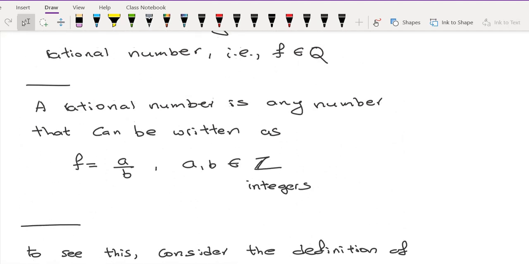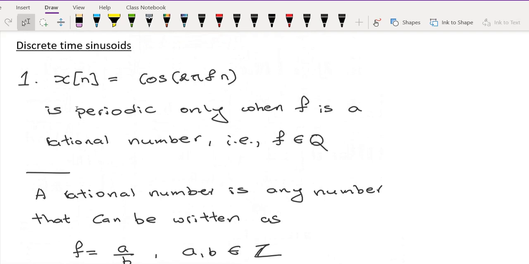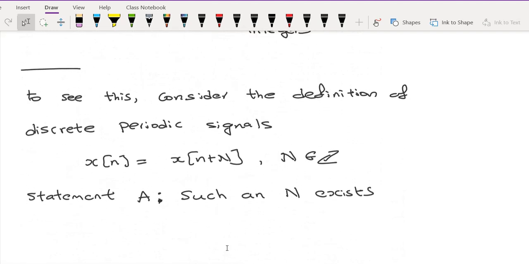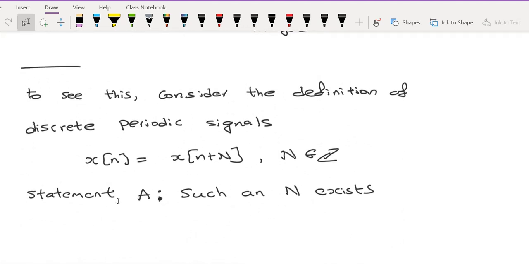What we want to see is if a signal is periodic, then the frequency must be a rational number. So we're going to start with statement A, saying that such an N exists. What statement A is essentially saying is x of n is periodic. Then we will start from statement A, and then we will show that f should be a rational number.